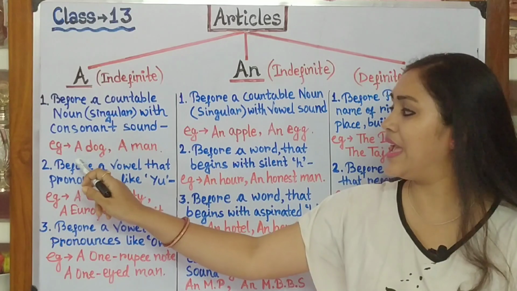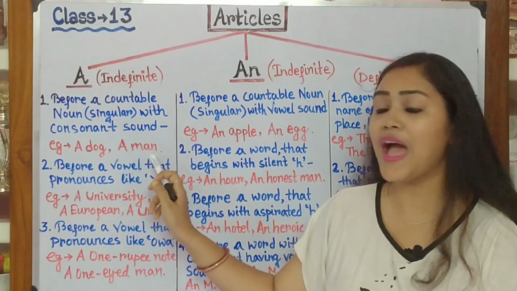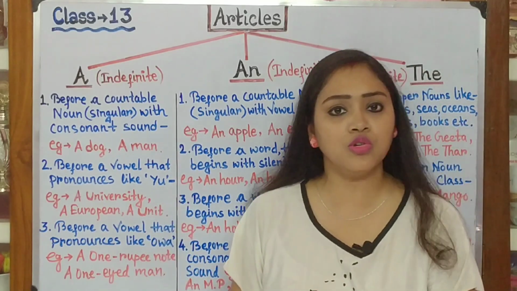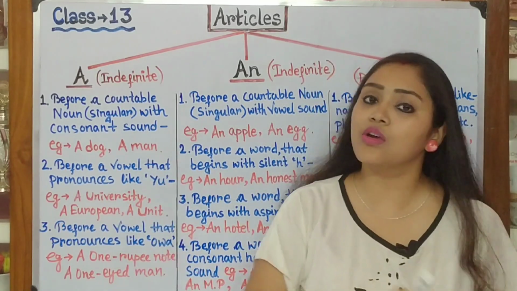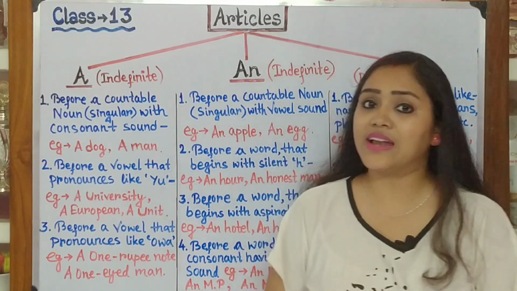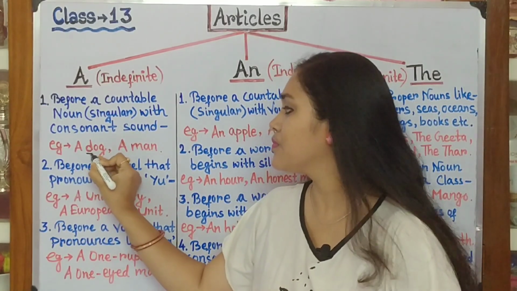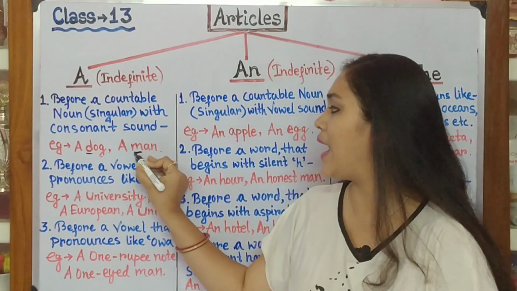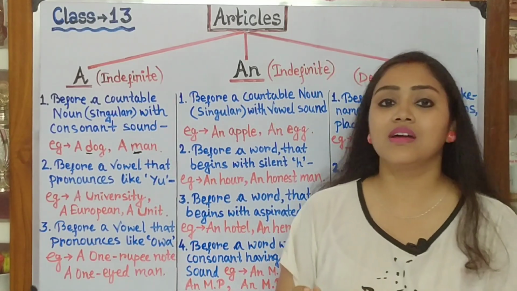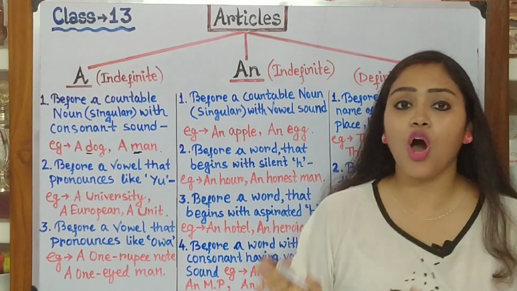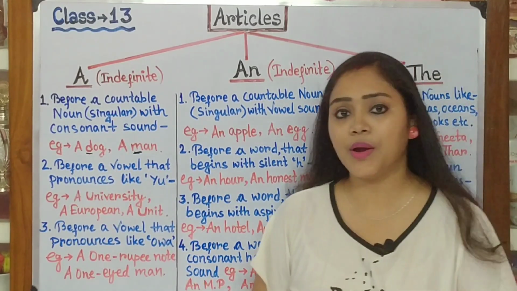For example, a dog or a man. Dog is a singular countable noun, man is also a singular countable noun, and the first letter of dog, D, and the first letter of man, M, both are consonants. So we use a over here: a dog, a man. Clear?